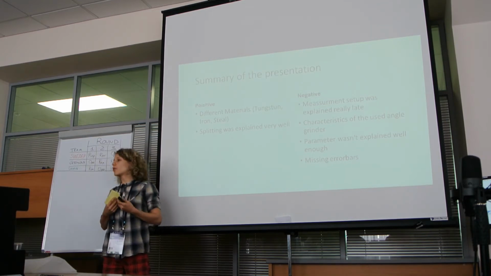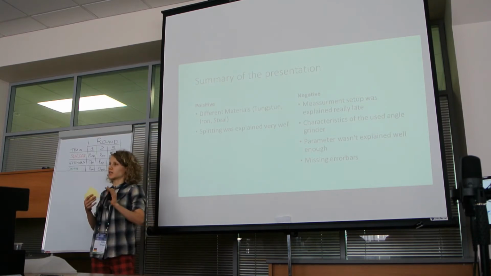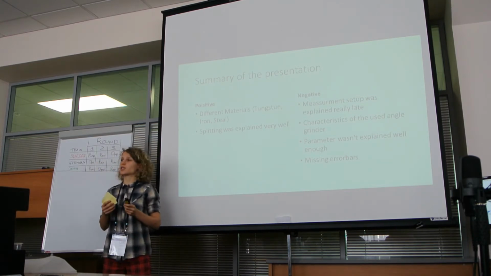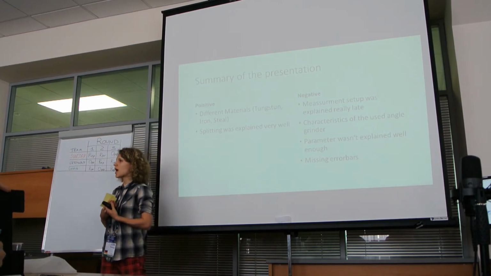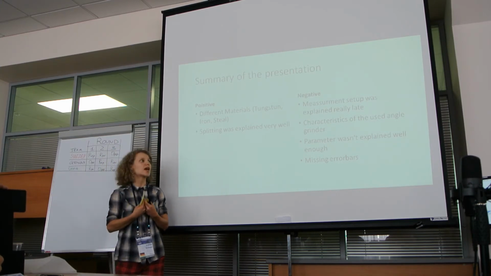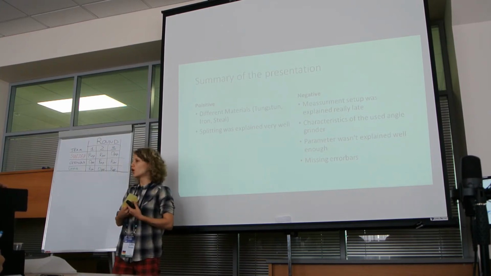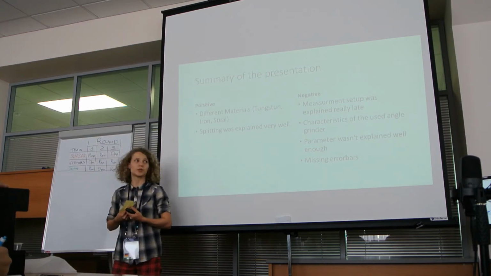Maybe when focusing on the negative aspects, we did not like that the parameters sometimes weren't explained in detail. For example, we had some formulas and we missed the different variables of the formulas, so we couldn't get a quick overview of the different parameters in this formula.